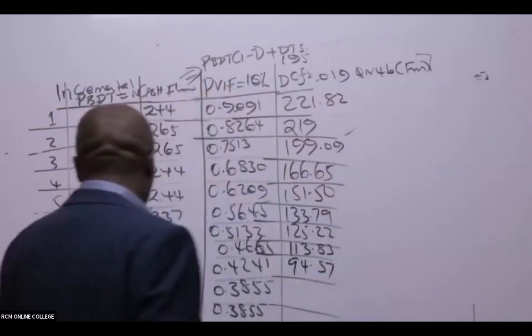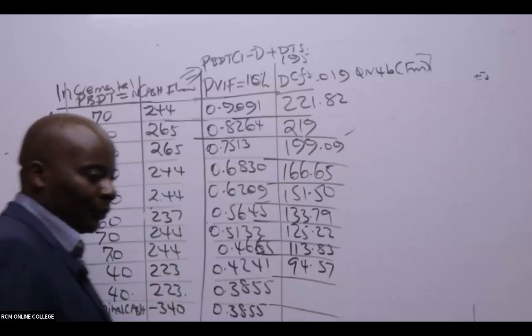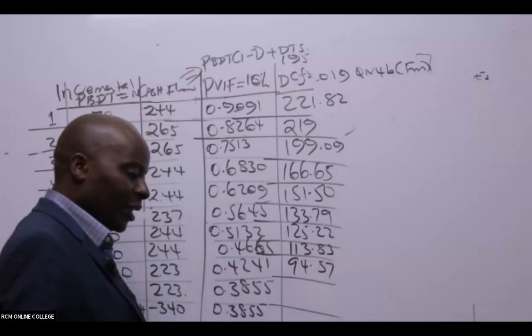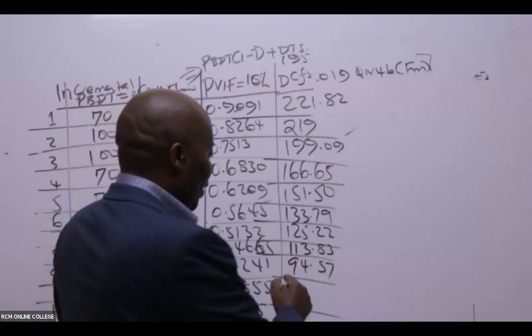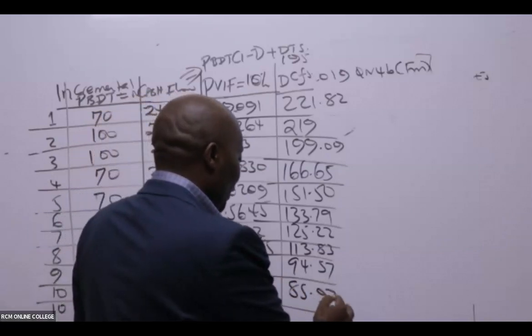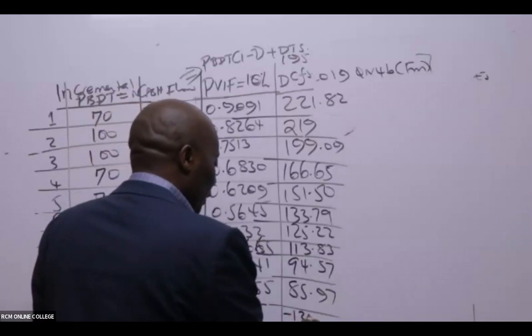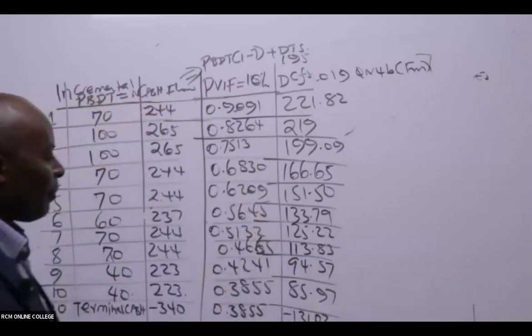Then we go to the second last, 223 times 0.3855. Ivona, I can see has gotten the very last one, because I can see a negative there. 85.97. Oh, Ivona, it wasn't correct. 131.07.